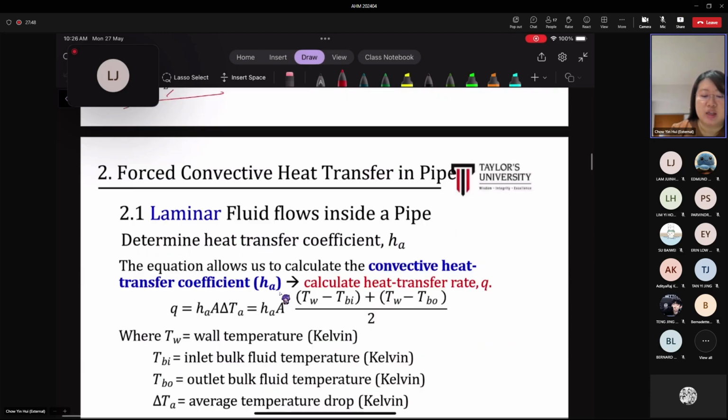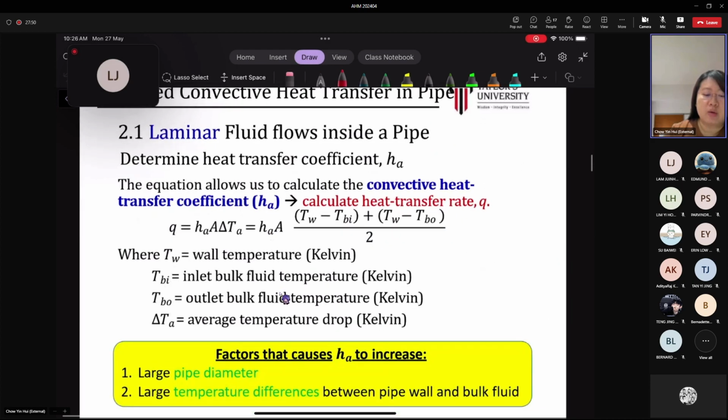All right, so if you have found the h value, most of the time we calculate the rate of heat transfer using the convective heat transfer coefficient multiplied by A, then multiplied by the temperature difference.